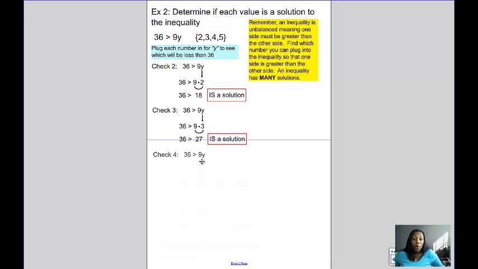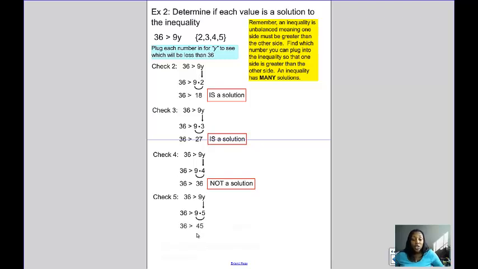So now we're going to check 4. We're going to plug 4 in for y, and we're going to do 9 times 4, which gives us 36. And then we have to ask, is 36 greater than 36? And no, they're actually equal, so 4 is not a solution. And the next number we want to check is 5. So we're going to plug 5 in for y, and we're going to do 9 times 5, which gives us 45.